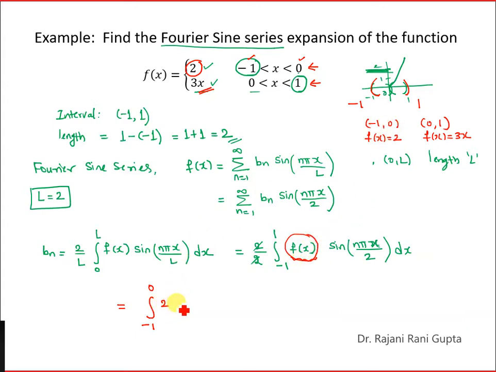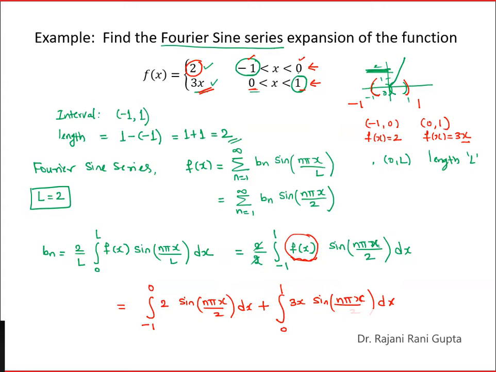It is 2, so 2 sine of n pi x over 2 dx, plus the second integral from 0 to 1, where the value of the function is 3x: 3x sine n pi x over 2 dx.